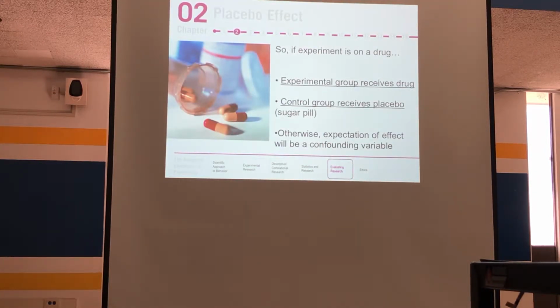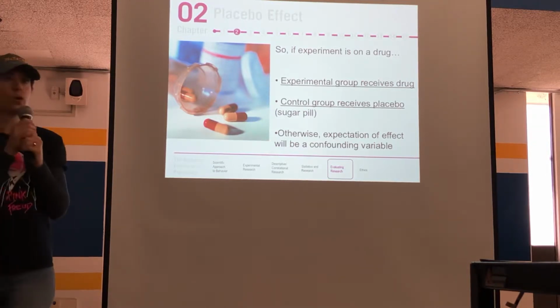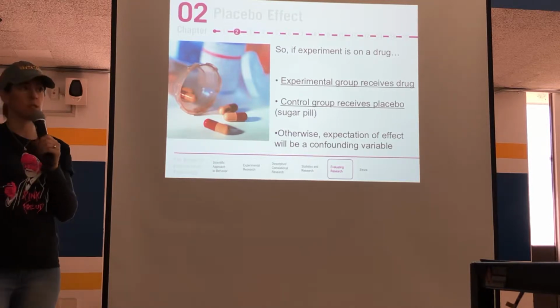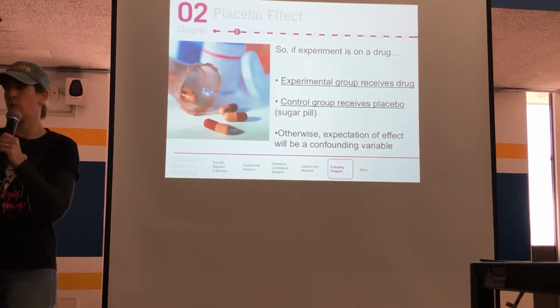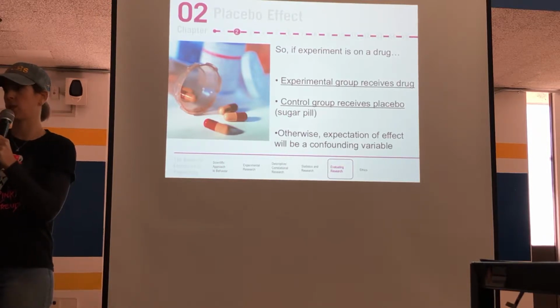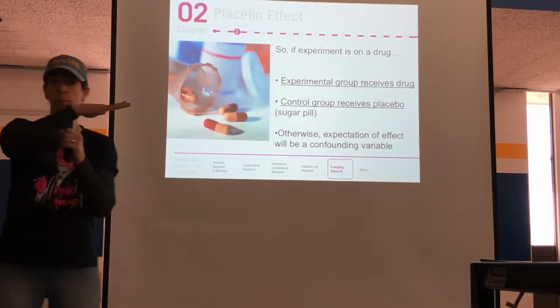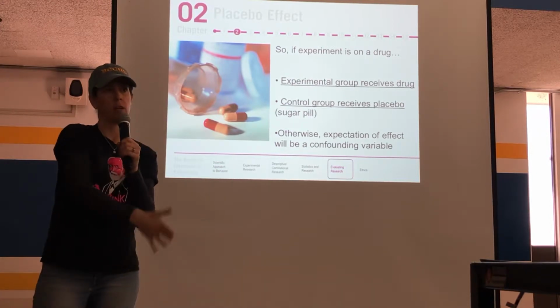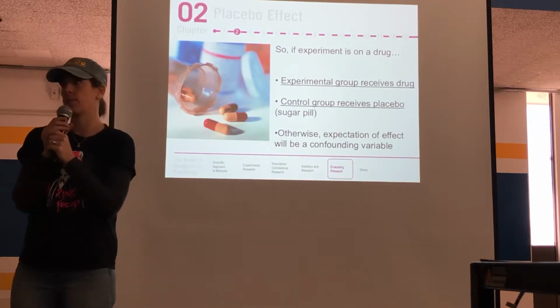So, okay, if you do a drug study, and the control group who gets the placebo, let's say it's an anxiety-reducing drug, reports a 20% reduction in anxiety, and the experimental group also reports a 20% reduction in anxiety, what is the reduction caused by?